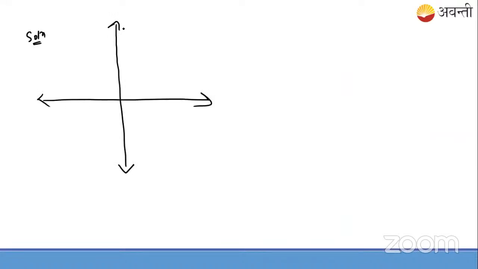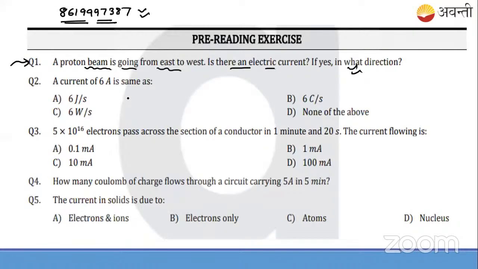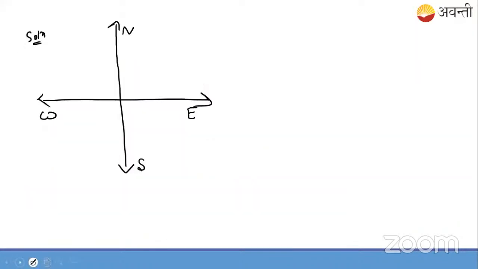Suppose you have a directions graph given to you: north, south, west, east. And suppose the current is flowing from east to west. This is where the current is flowing.